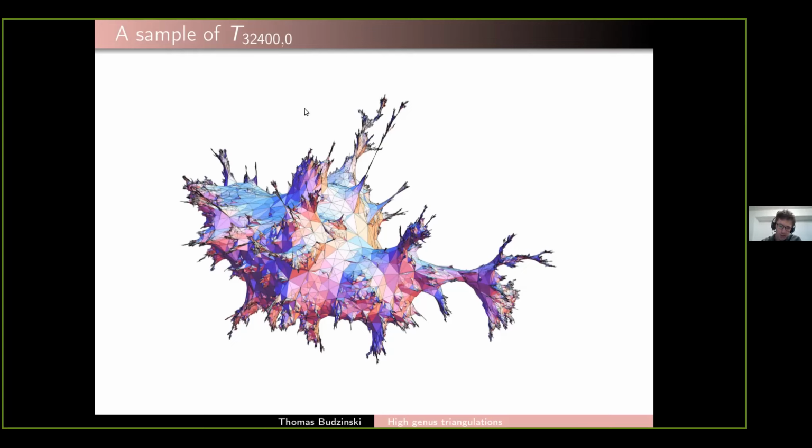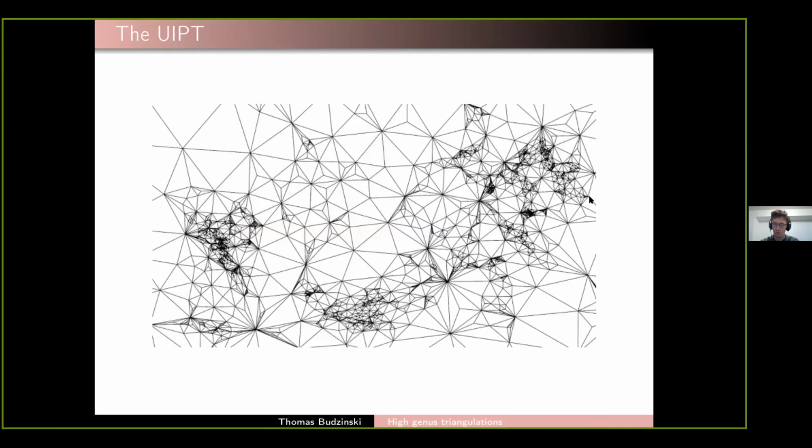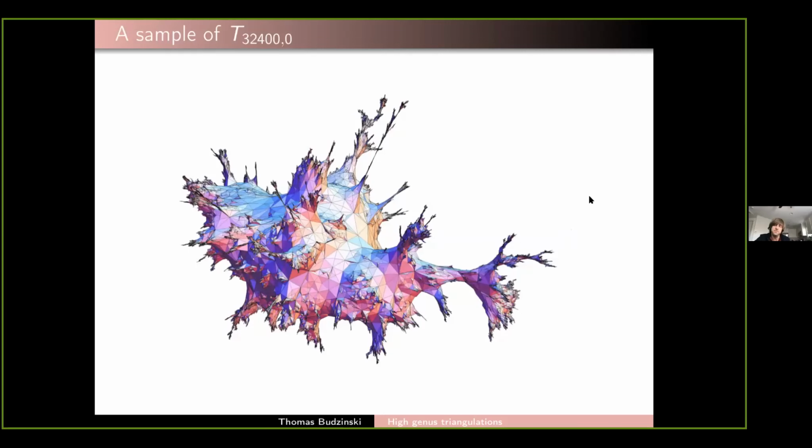And I think the way that Mathematica does this is that it does as if the edges were strings and the vertices were positive charges. So there is kind of a repulsion force and also an attraction force, and at equilibrium, this is what Mathematica obtained. And the way that this one was obtained is quite similar.